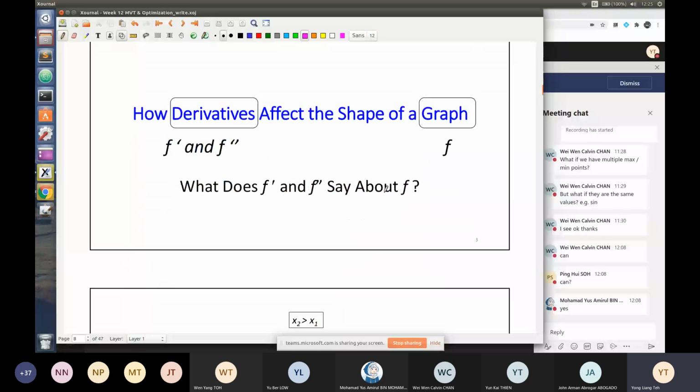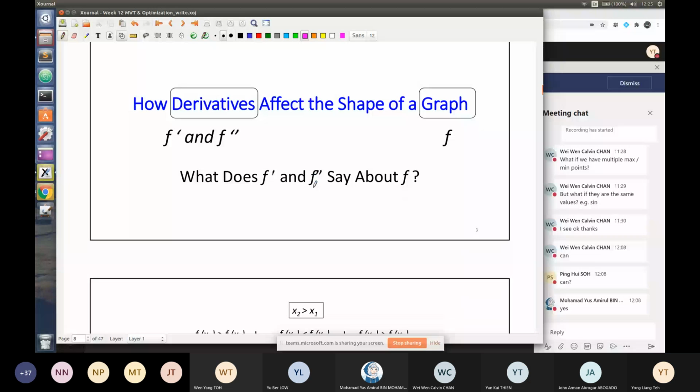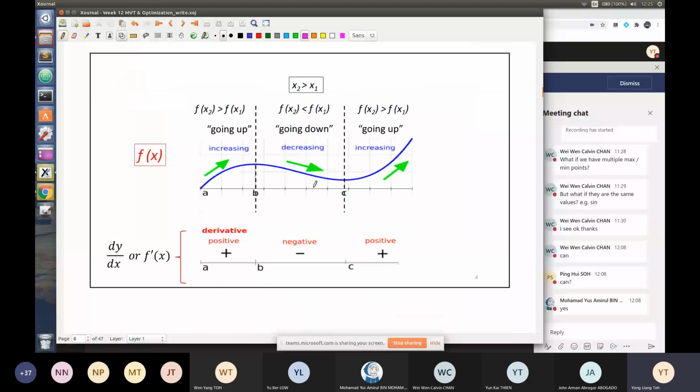How do derivatives affect the shape of the graph? What do f prime and f double prime say about f? This is the question we are answering here. At a fundamental level, if f prime is positive, then f of x2 must be more than f of x1 for x2 more than x1. For example, x2 is some point here and x1 is some point here.